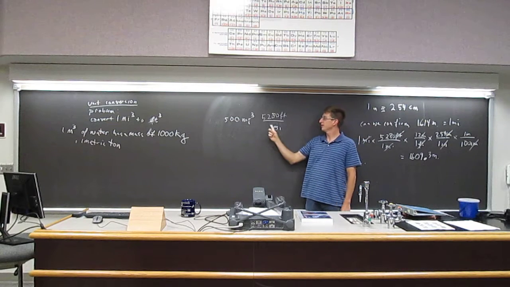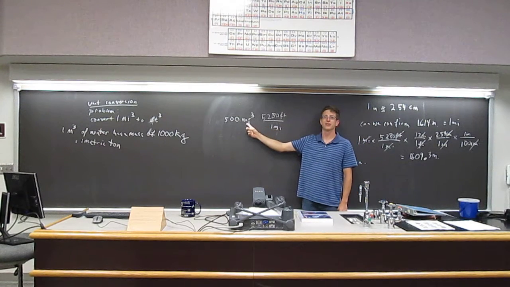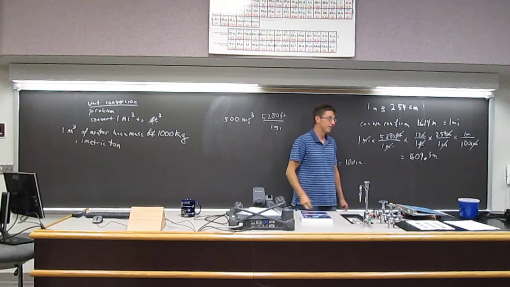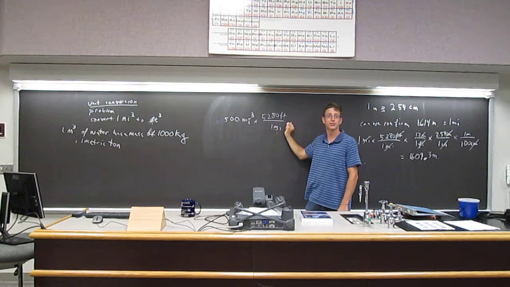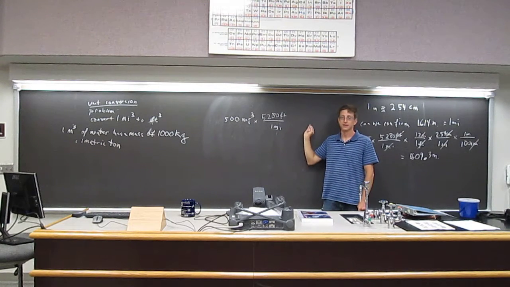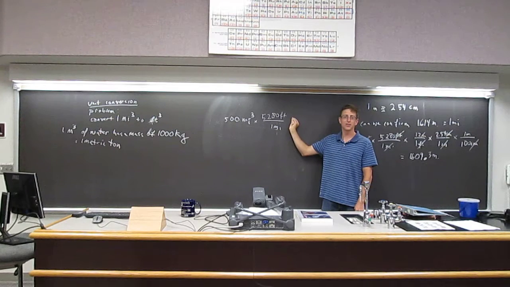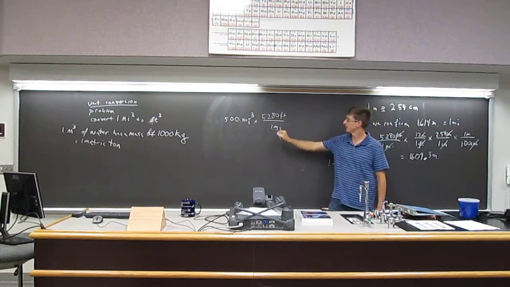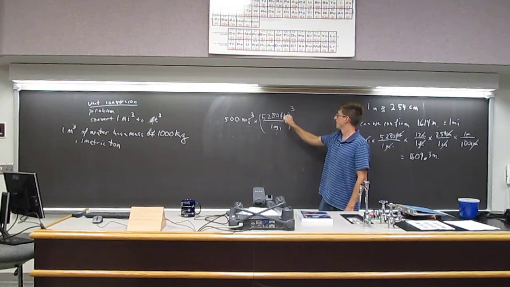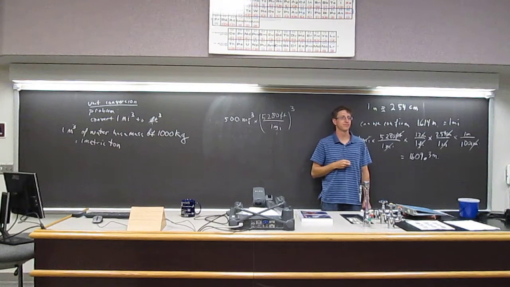So if I were to cancel units, I would have miles squared still here, right? So what do I have to do? Cube the top, 5,280 feet, and the bottom too. So you'd have to actually do this 3 times. It becomes a pain, so might as well just write it like a cube.